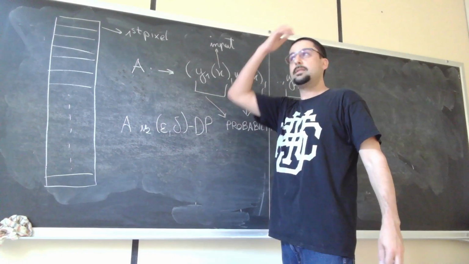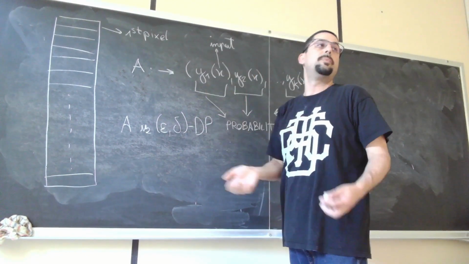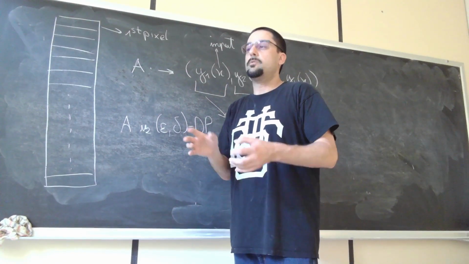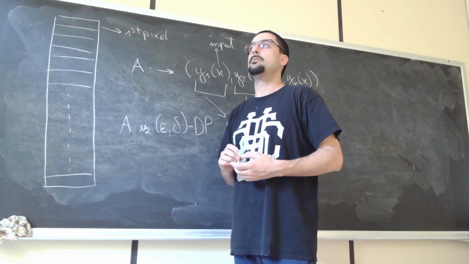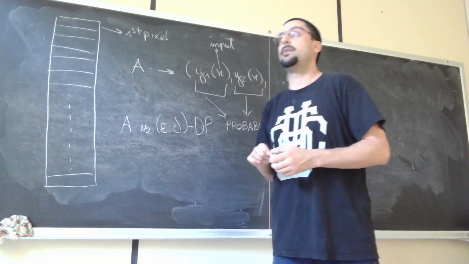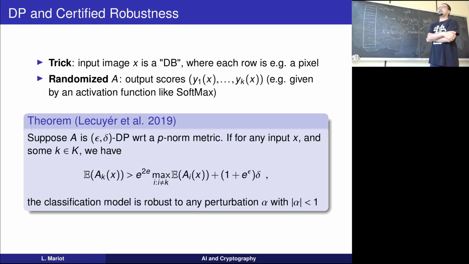Not the Hamming distance in this case, but the p-norm metric, the one that we saw this morning about measuring the closeness of adversarial examples to the original input value, to quantify the stealth and smallness properties of adversarial examples.